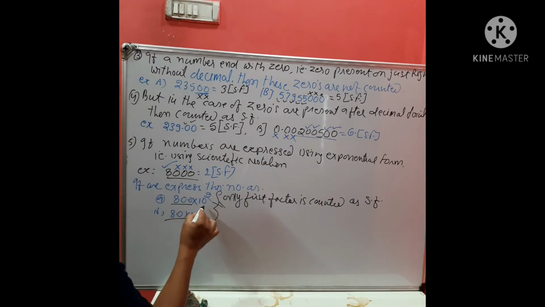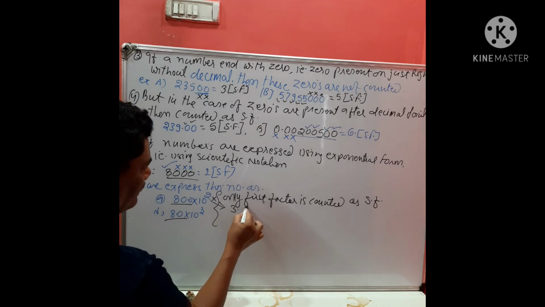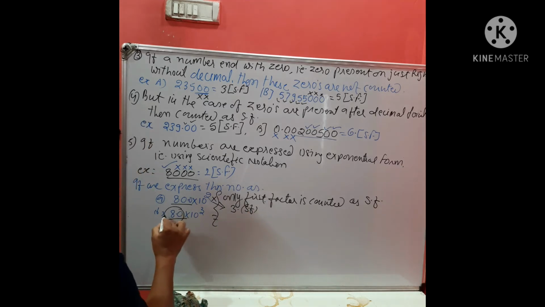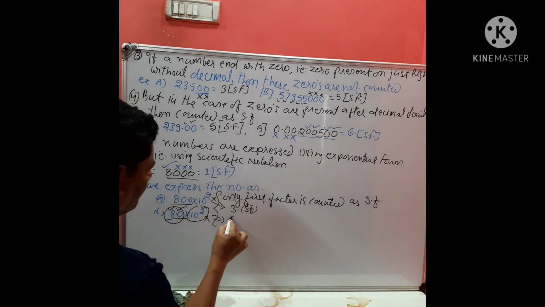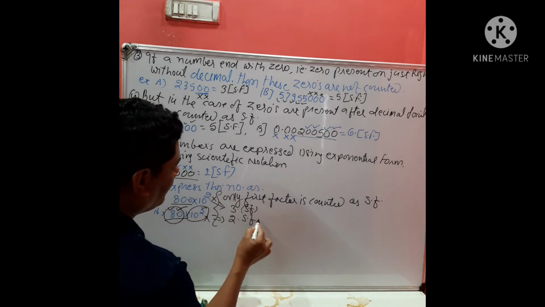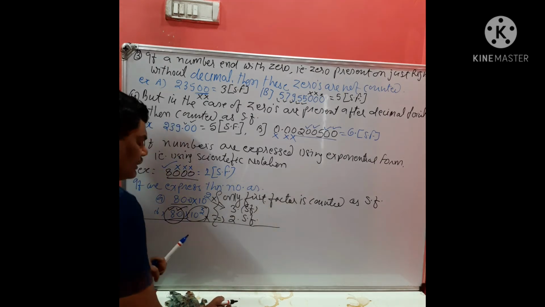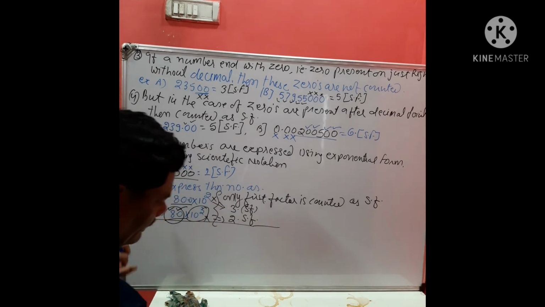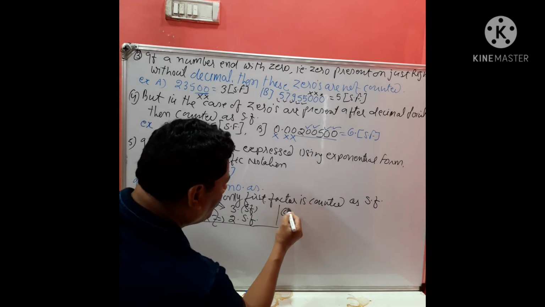Here the 10 to power will not be considered, so the total significant figures are 3. And here only this one will be counted, 1, 2. This is not counted, so there will be 2 significant figures. That means whatever the second factor is, it will not be considered as significant figures. Are you getting it?